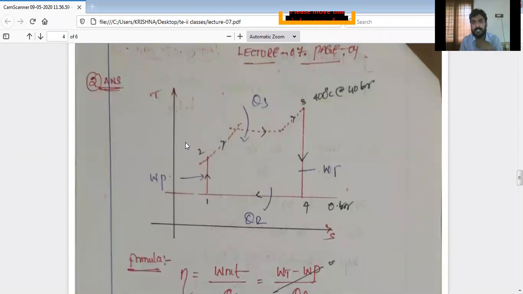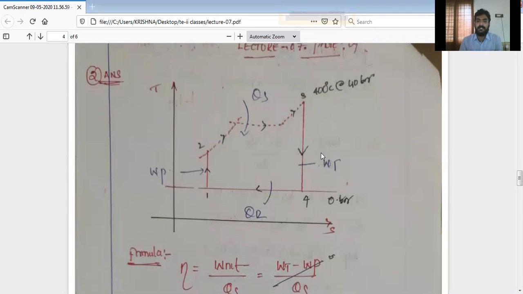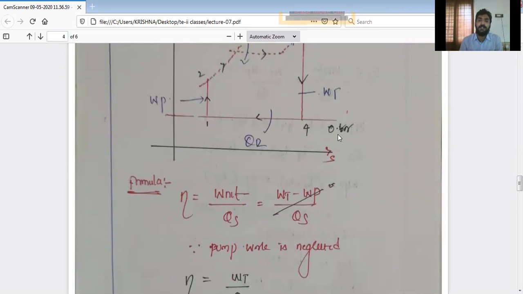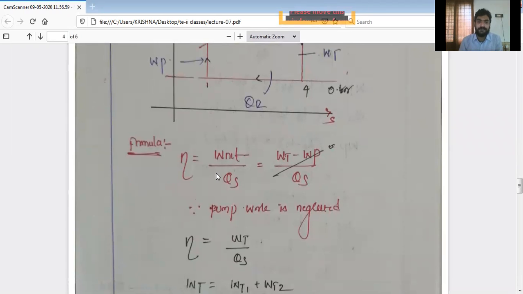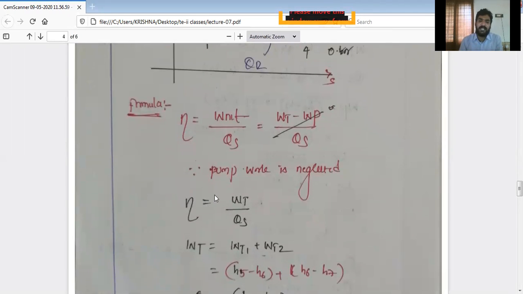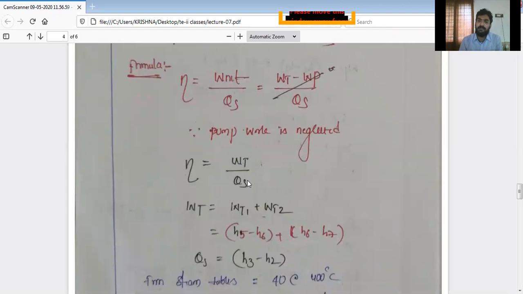This is the temperature and entropy relation. 1 to 2 is pump work and 2 to 3 is constant pressure. Here is the particular state, 400 degrees temperature and 40 bar pressure. This is the 0.1 bar pressure. So for this efficiency, I can write the equation turbine work divided by heat supplied.